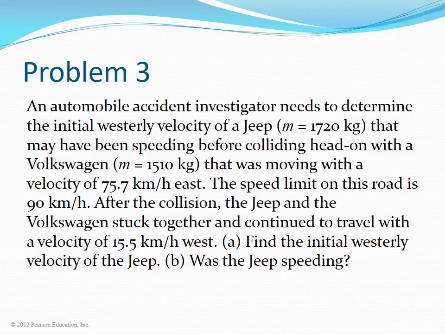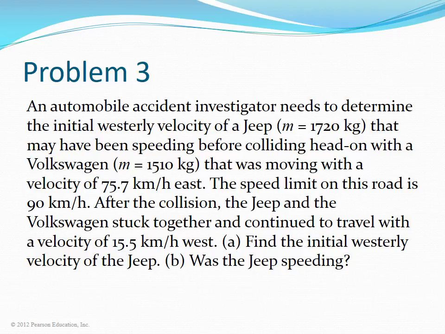An automobile accident investigator needs to determine the initial westerly velocity of a Jeep, mass 1,720 kilograms, that may have been speeding before colliding head-on with a Volkswagen of mass 1,510 kilograms that was moving with a velocity of 75.7 kilometers per hour east.